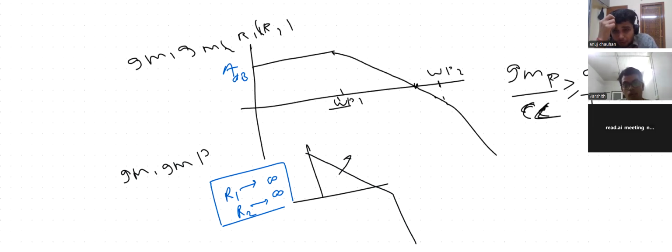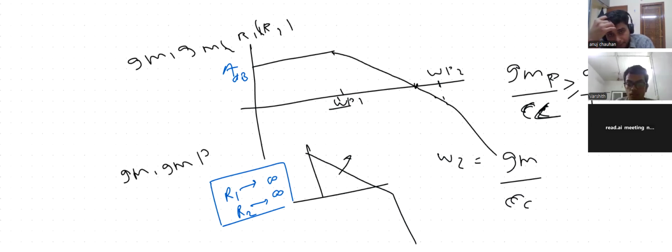Now afterwards, the zero would be gm by Cc only, without RZ, sir. First without RZ and after that with RZ. First without RZ, what will be the location? Without RZ, yes, gmP by Cc, sir. So where would you like to locate it?